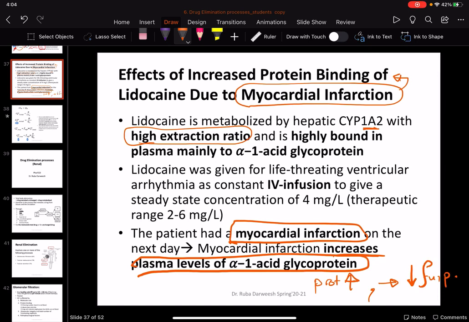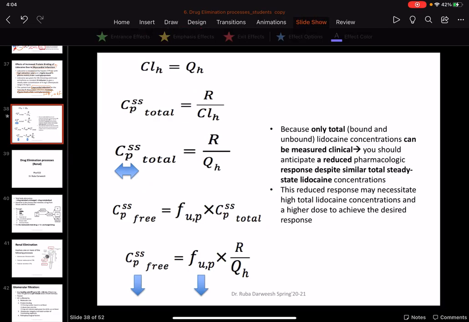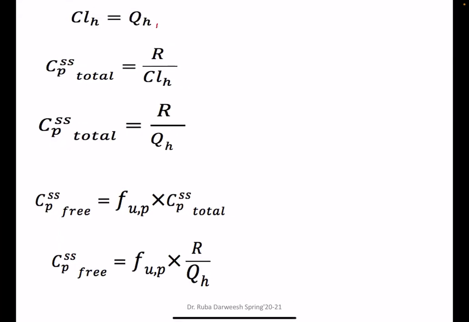Accordingly, if we are talking about hepatic clearance, it will be related to the hepatic flow only, or almost, because it's a drug with high intrinsic clearance. So if we write the total, it would be R over hepatic flow.